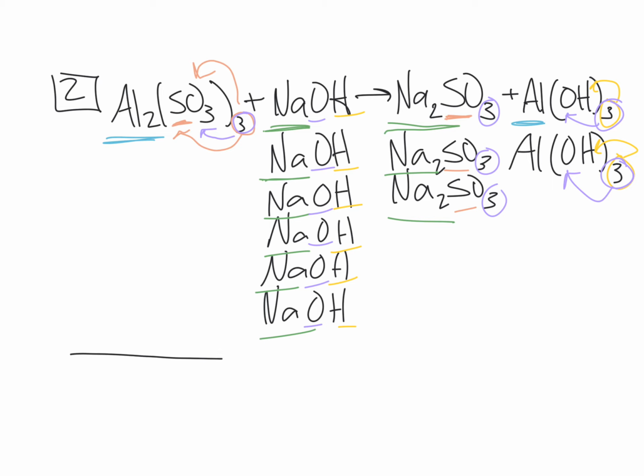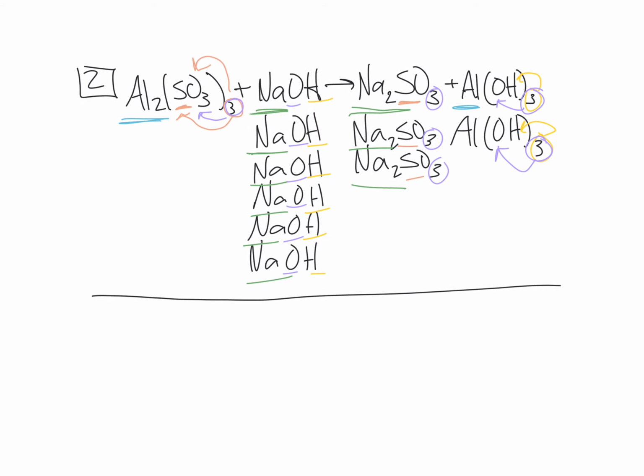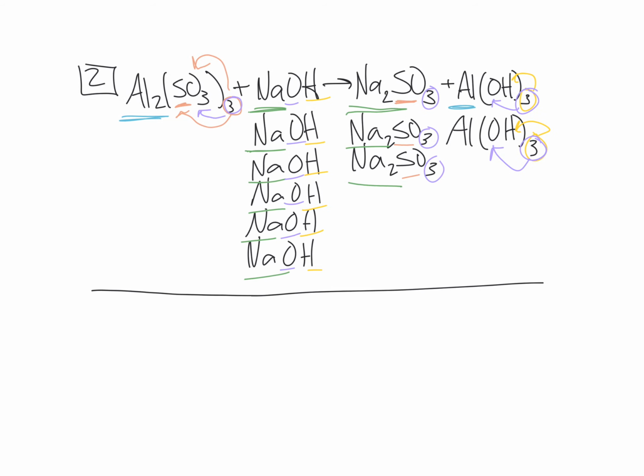So all that's left to do is write down the coefficients. I'm going to shrink this a little bit so I've got a little more room to write. To put down the coefficients, all we've got to do is count up the number of each compound we used.